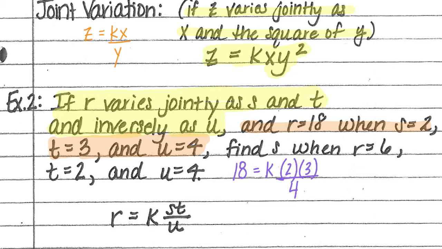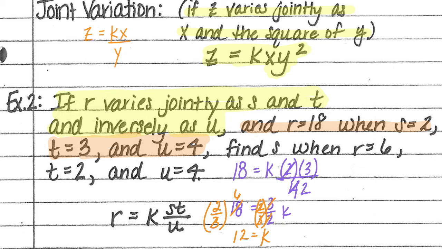I could just reduce if I wanted to. And so I know that 18 is equal to 3 halves k. And to get rid of that 3 halves, I need to multiply by the reciprocal, which is 2 over 3. And it looks like k is equal to 12.